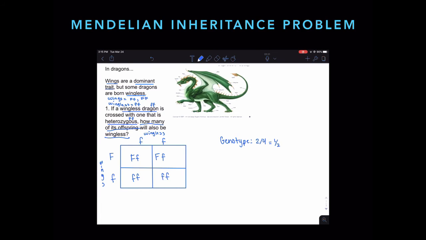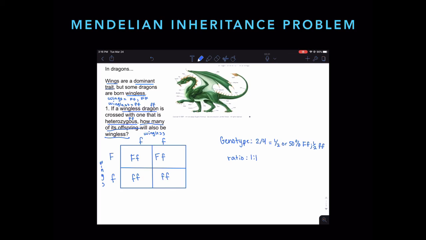You can see that there are 2 out of 4, or 1/2, or 50% of the Ff heterozygous, uppercase, lowercase. But there's also a 1/2 of the recessive ff. So what does this mean?